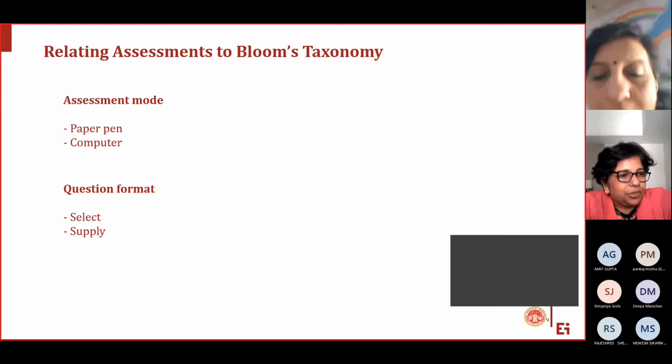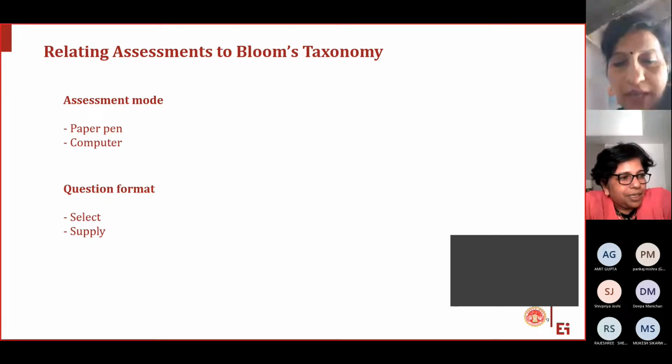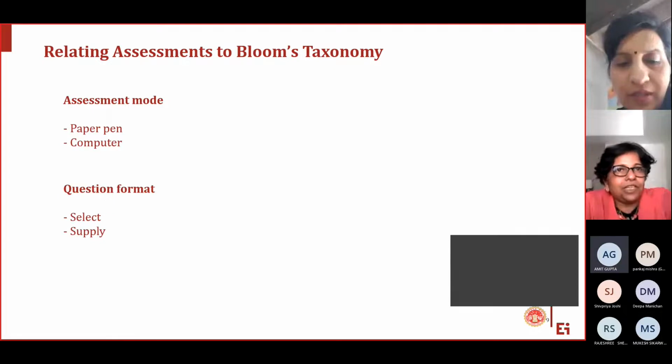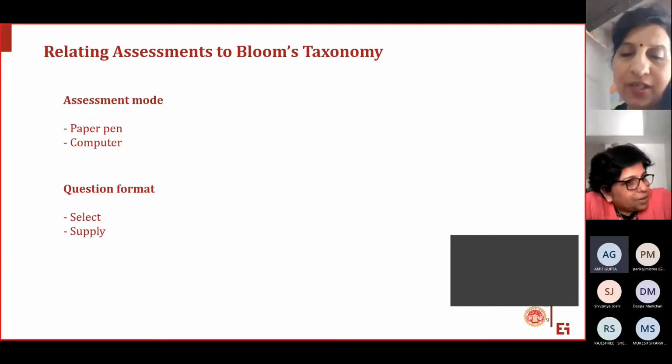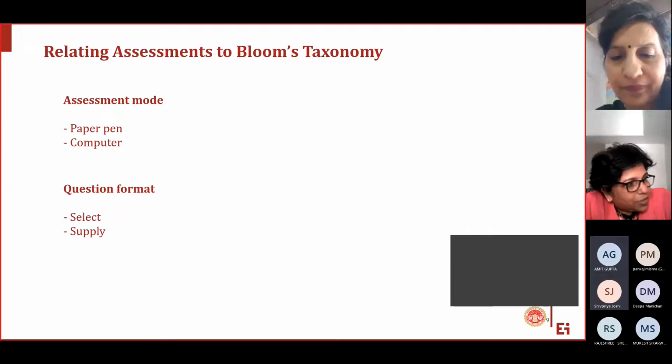Yeah, MCQs, and then? And fill in the blanks. Where options are given, they can be close-ended questions, that will be multiple choice questions.